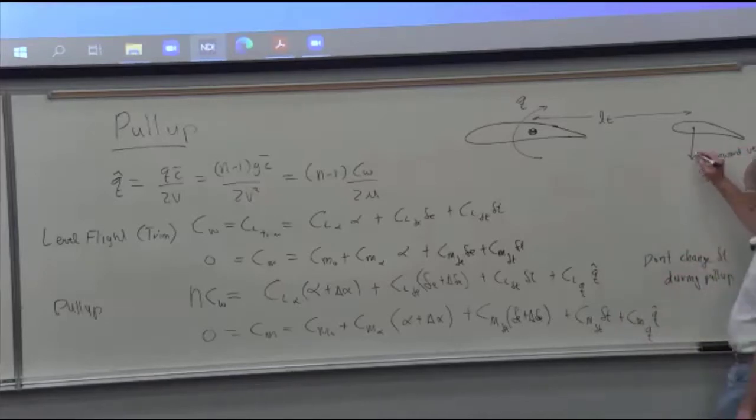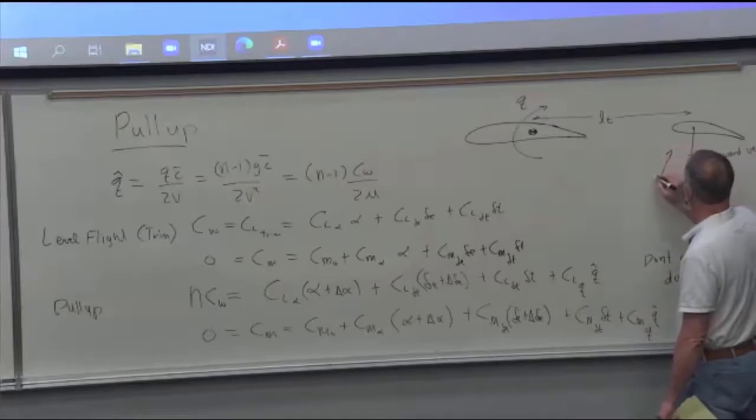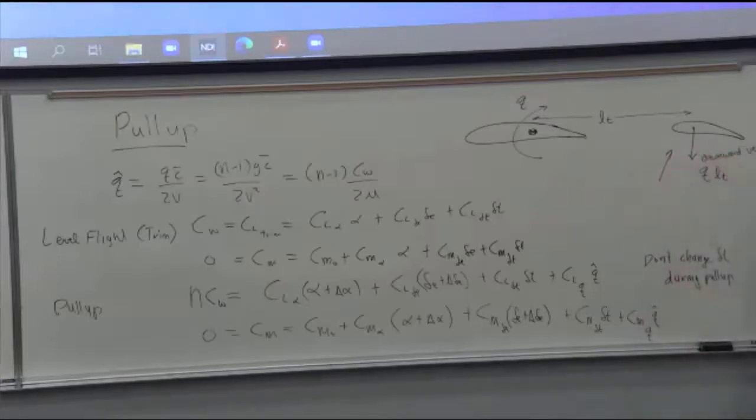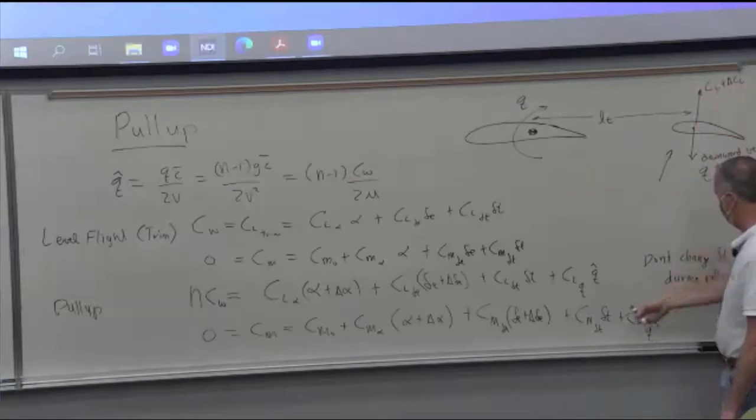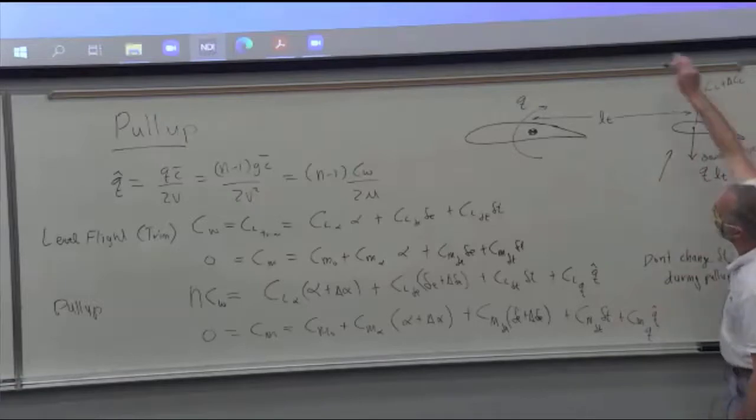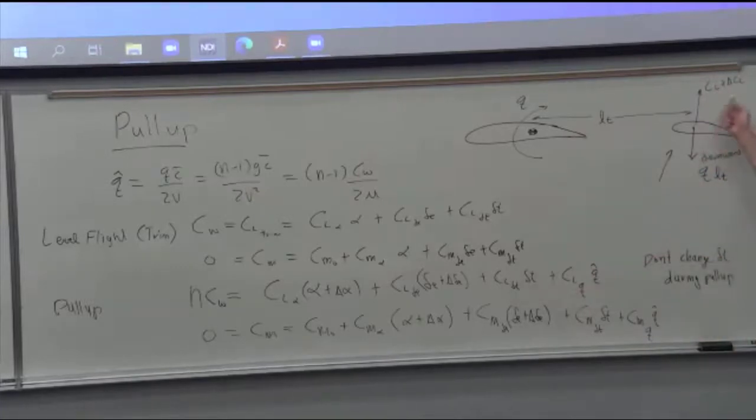That creates an additional upward component of the flow, and so we're going to get extra lift. And that's what that represents. Because we get extra lift here, we're going to get a downward pitching moment due to q. It's not due to anything else. It's due to the fact that the tail's moving downward, and so we get that extra lift upward. So we get a pitching moment due to the pitch rate.